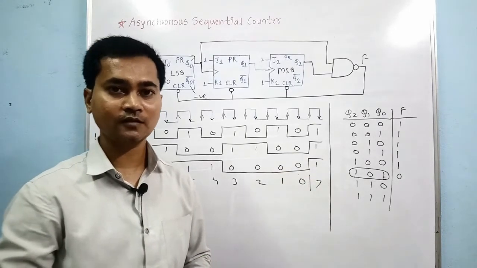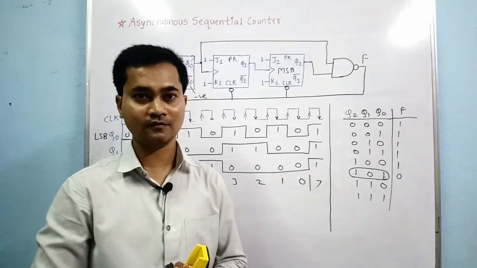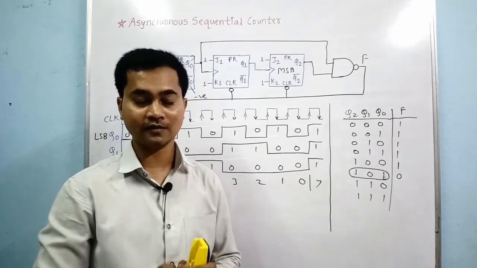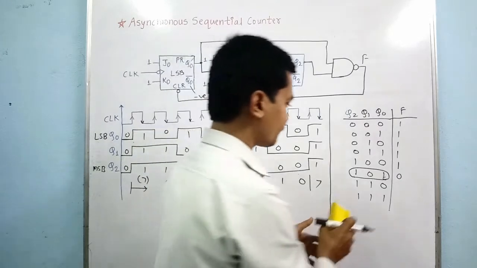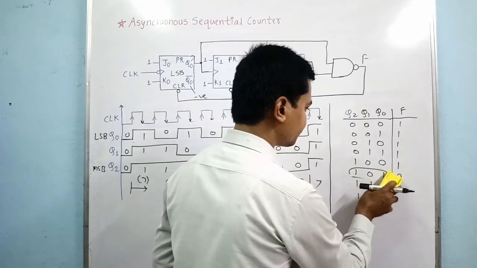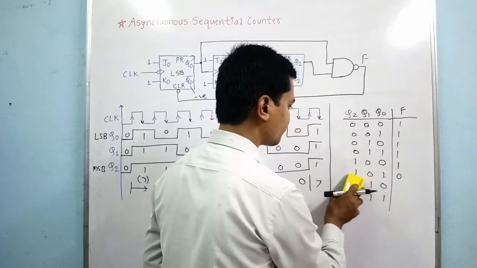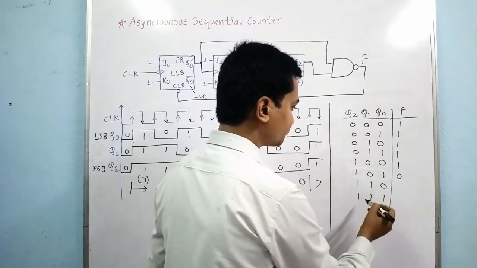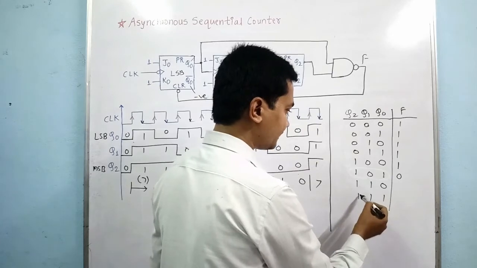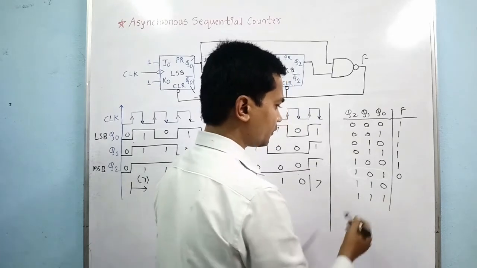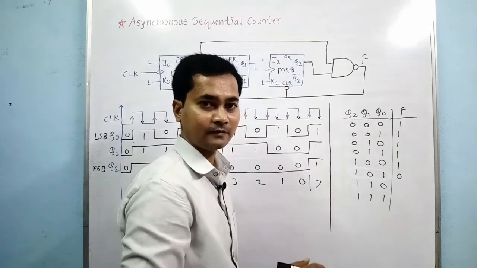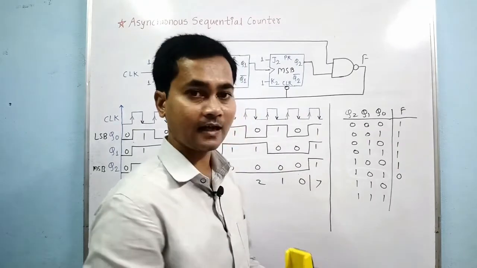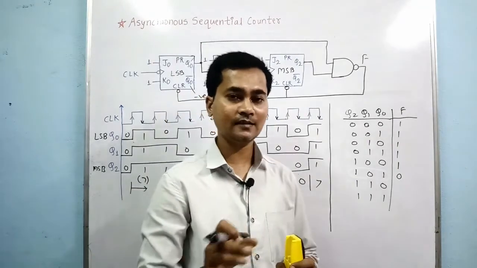Mod 6 means we want a total of 6 stable combinations, and whenever 7 arrives, for mod 6, only 6 combinations are allowed, the 7th combination is not allowed.